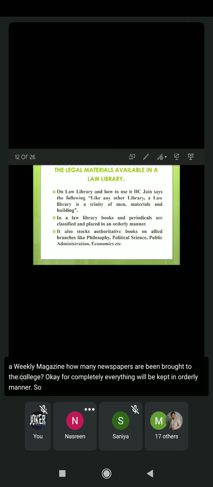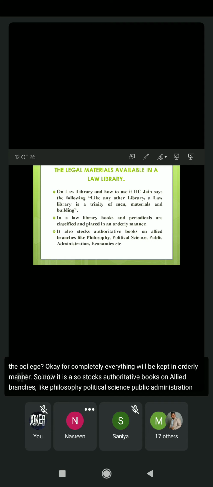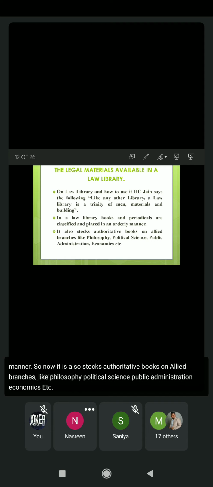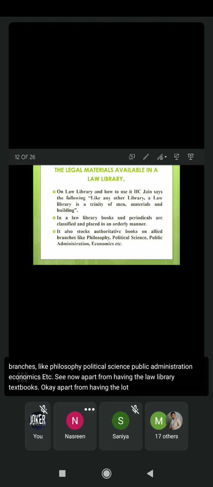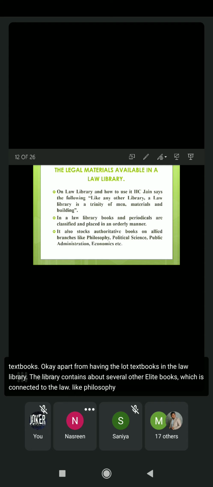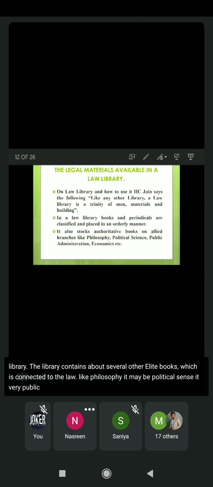It also stocks authoritative books on allied branches like philosophy, political science, public administration, economics, etc. See now, apart from having the law textbooks in the law library, the library contains several other elite books connected to the law, like philosophy, political science, public administration or economics.